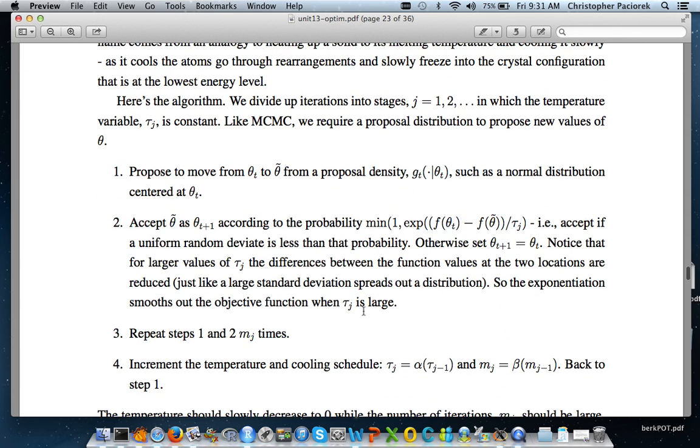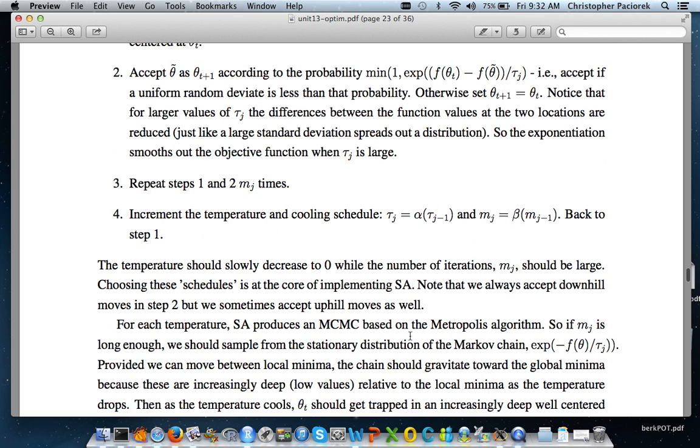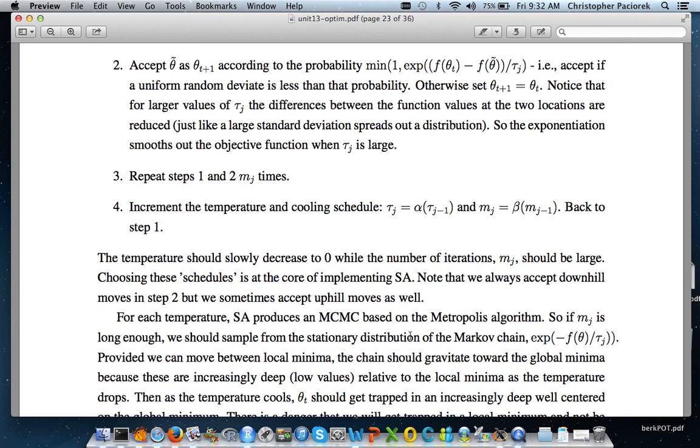So that's the basic heuristic of what's going on with simulated annealing. Now some more technical details, and I'll just say a few words about this. The flattened function is basically you take f of theta, and let's assume we're trying to maximize f of theta.